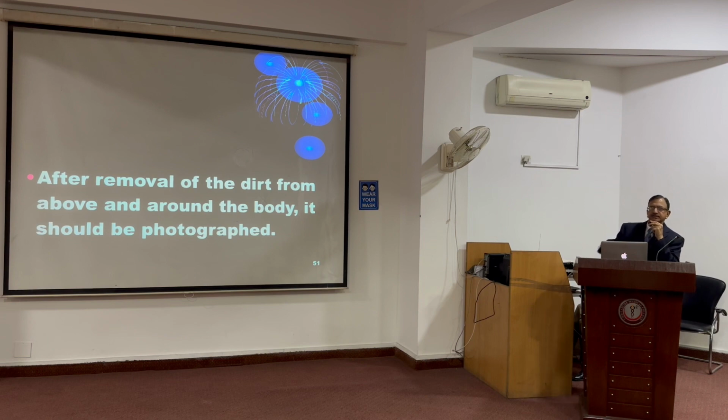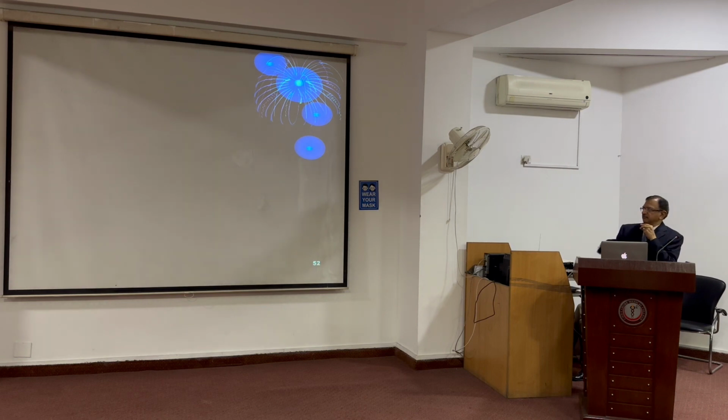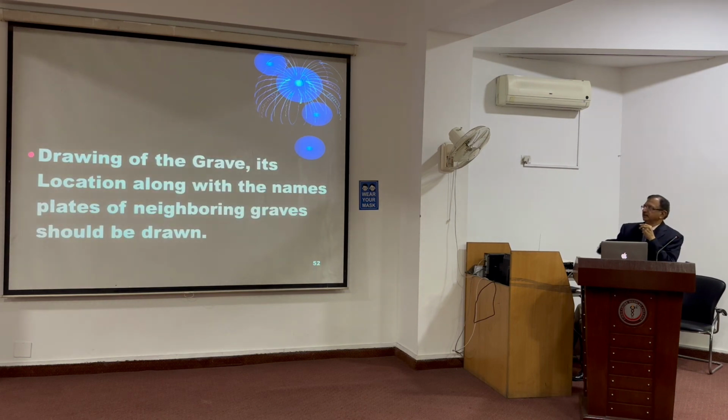Usually the whole process is photographed. The vicinity of the grave, that is the north side, east, west, what other graves are there, their nameplates, are all photographed, to locate the exact place of the burial. Then the drawings and the photographs are all carried out.